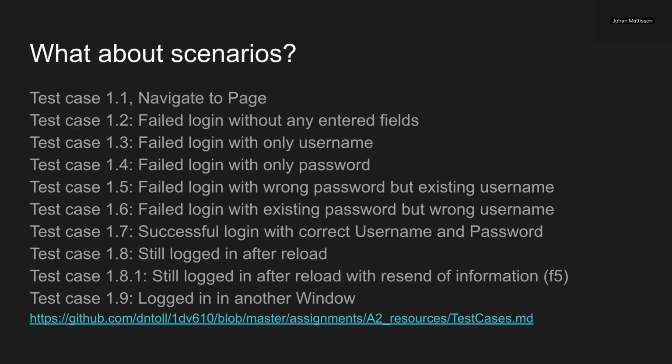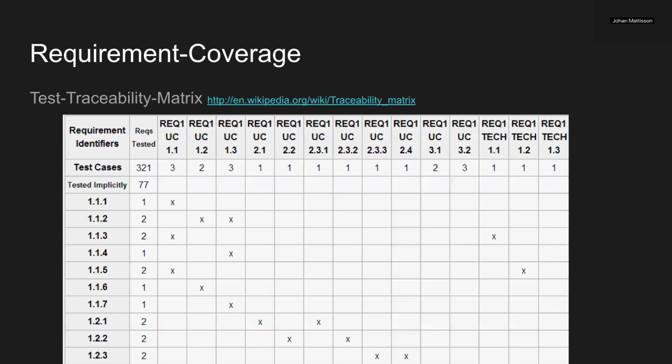So this is the headline of it. What is it supposed to do? It should be fairly descriptive of what the scenario is about to do. We usually mark them with an identity number, because in order to figure out if we cover the requirement, we need to figure out which test case corresponds to which requirement, right?